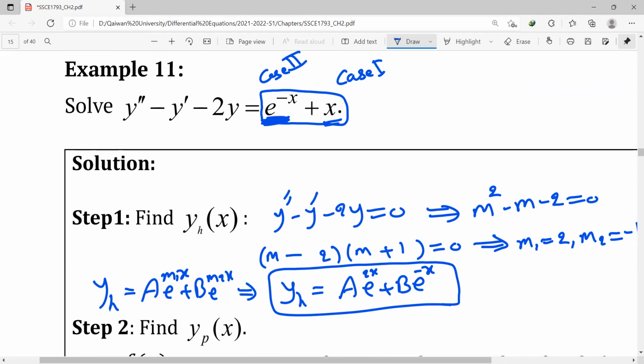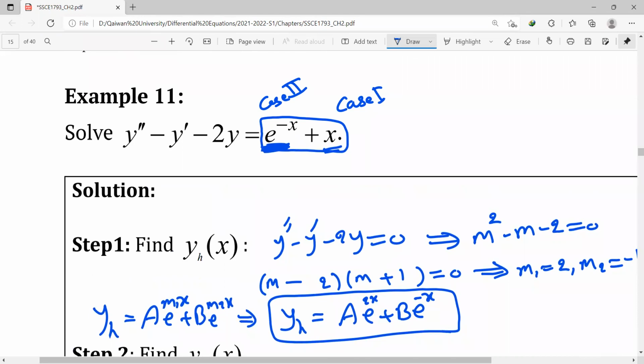So what's the particular solution for exponential functions? If f of x is an exponential function, like e to the power minus x, we say the particular solution is a constant times e to the power minus x. If there's any other number here, let's say you have 5, we just say it's, let's say, c e to the power minus x.